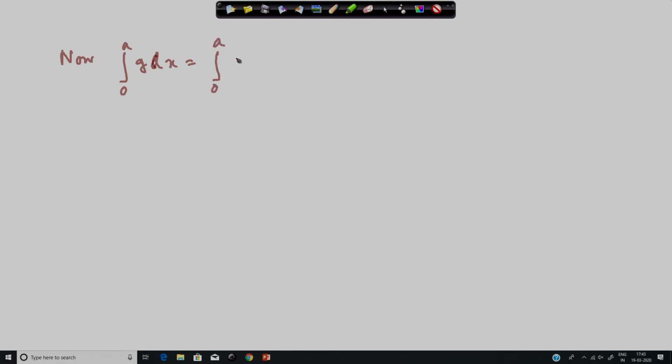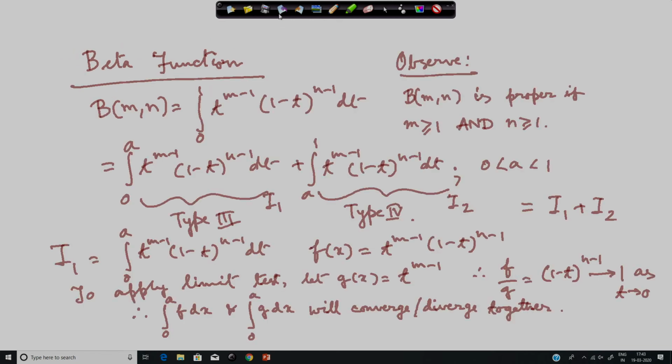I am sorry, let me go back to the previous page. Everywhere I have written x, but it shall be t, please correct it, because it is t to the power m minus 1, 1 minus t to the power n minus 1. So everywhere it will be f dt, g dt, and the two integrals will converge or diverge together.